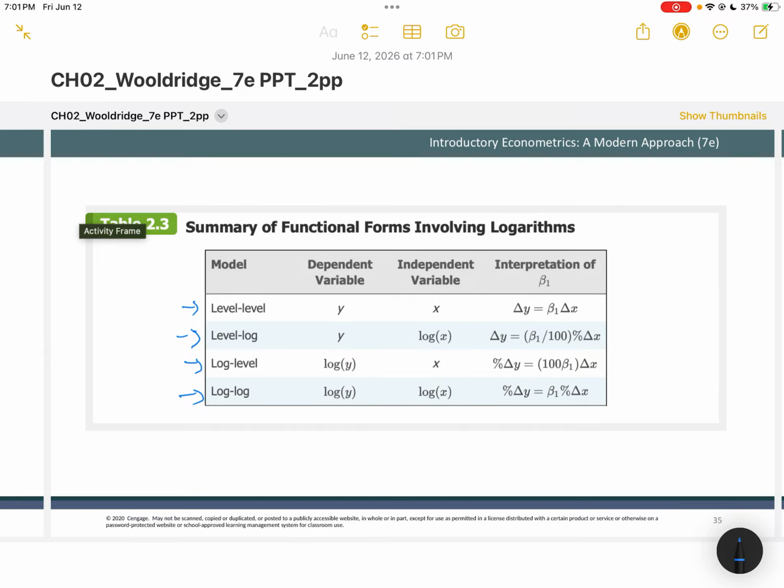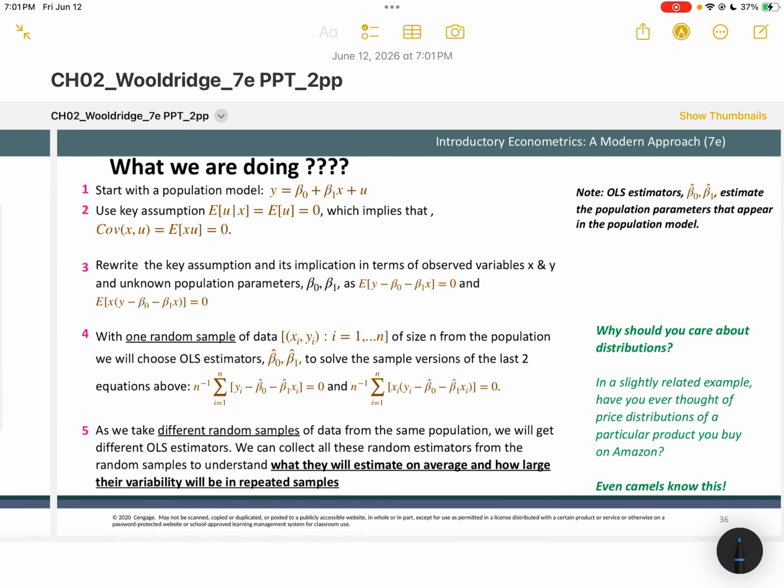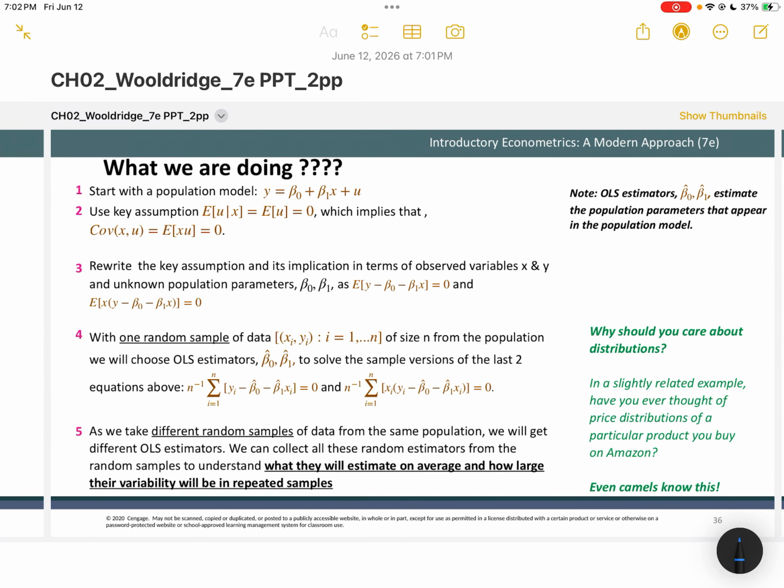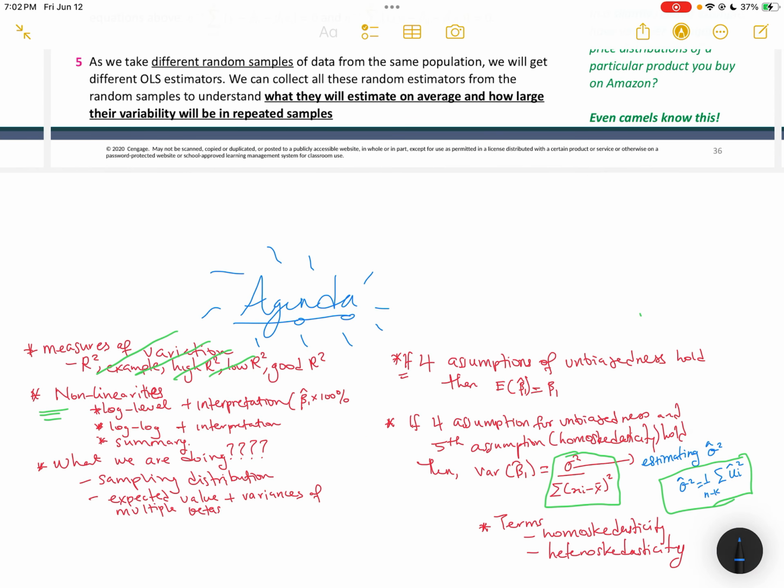The log form again is elasticity, while this third one is semi-elasticity. Okay, I just worked on nonlinearities.